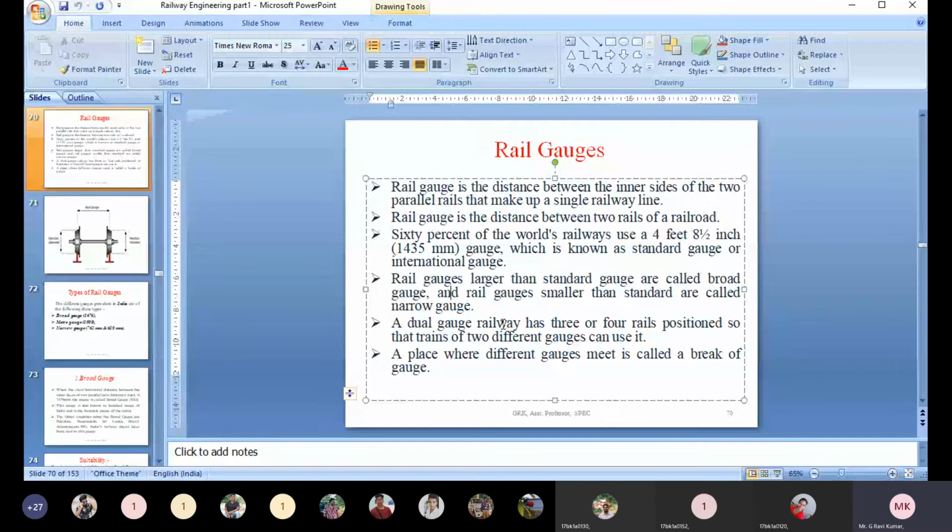It means up to a certain distance broad gauge may be there, and after that meter gauge may be there. The meter gauge track and broad gauge track are linked together. Understand? Such a junction or meeting point of 2 or more gauges upon a railway track is called a break of gauge. Remember that.